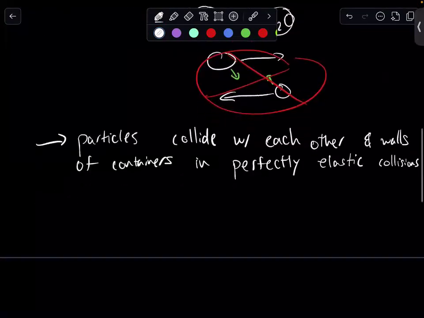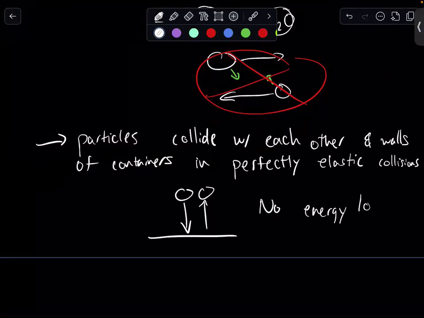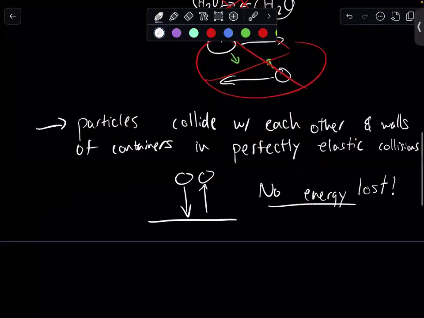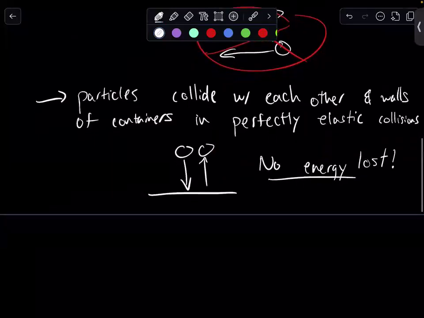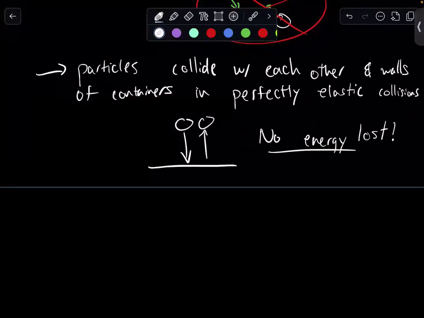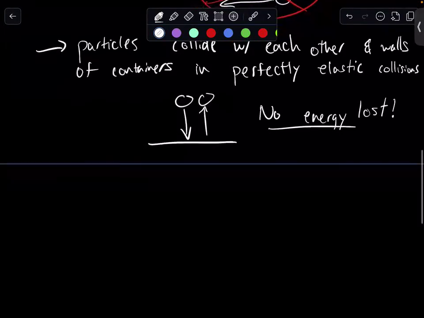What that means is if a particle hits something, like maybe the ground, it will come up to exactly the same level that it would before. No energy is lost. Now, this clearly doesn't happen. There's no way to lose no energy. There's always a loss of energy. But in an ideal gas, we assume no energy is lost, and it works pretty well for our circumstances.